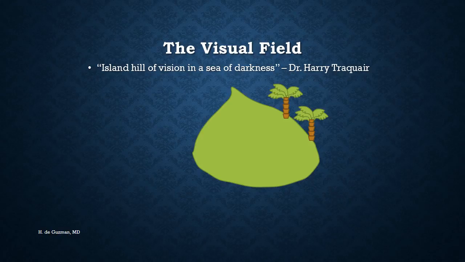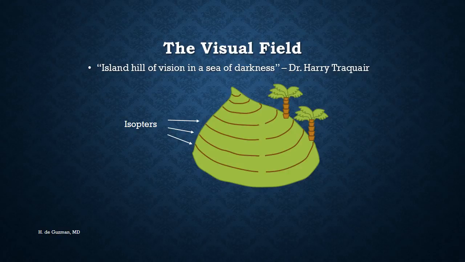So in geography, we would talk about elevation, but when it comes to the visual field or perimetry, we talk about different areas of different sensitivities. Again, in geography, they use contour lines to indicate areas of similar elevation, and in perimetry, we use isopters to indicate areas of similar sensitivity.